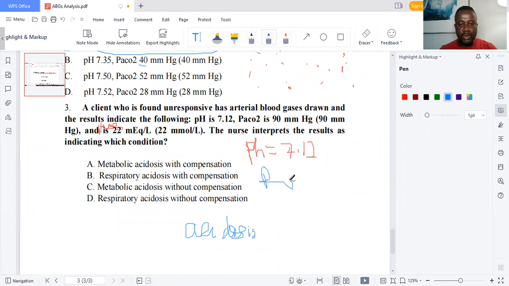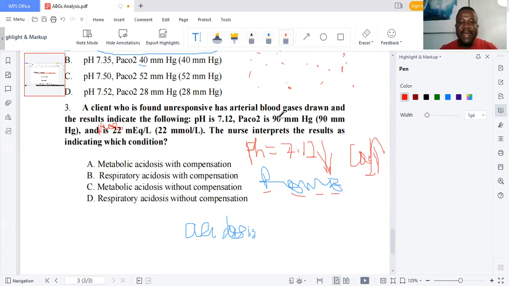ROME is very simple to apply in this case. Respiratory, opposite; metabolic, equal. So our pH is very low. Our carbon dioxide, for it to be a respiratory condition, should be high. Is it true?